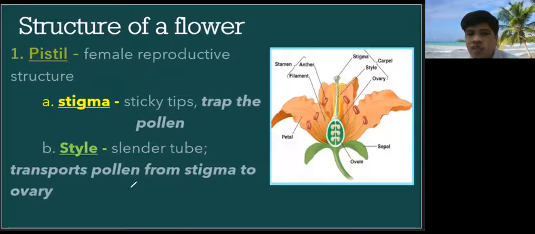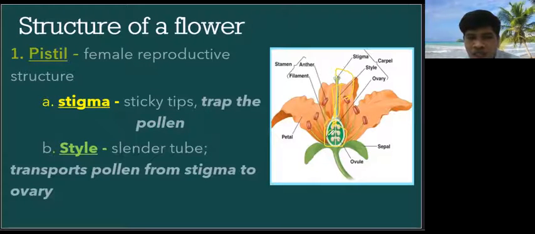It transports the pollen from the stigma to the ovary. The pollen from the male part goes through the stigma and is transported to the ovary.